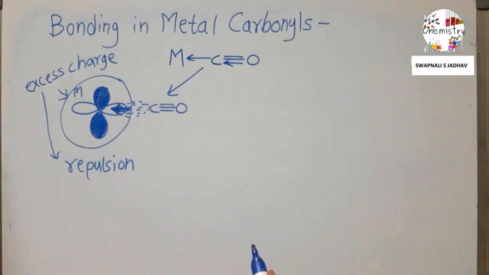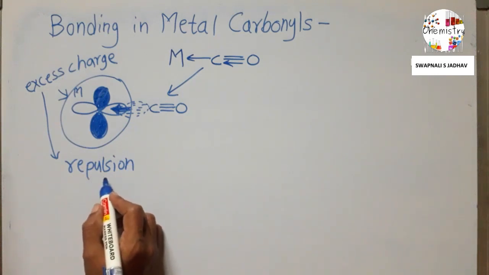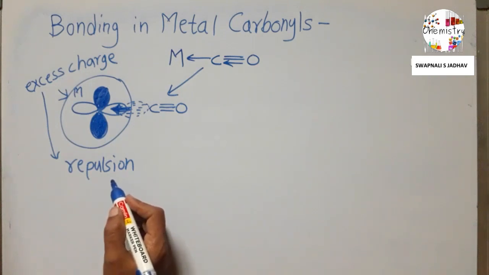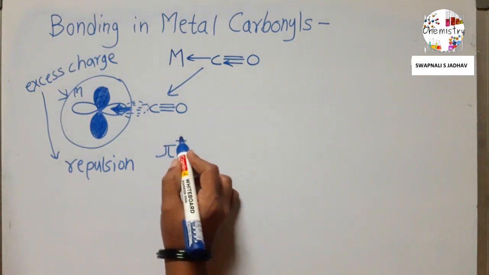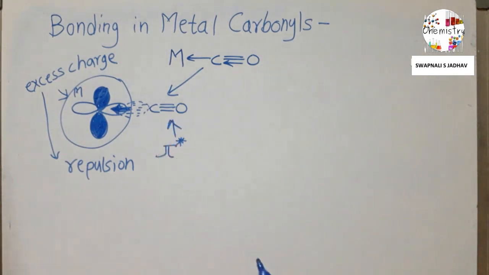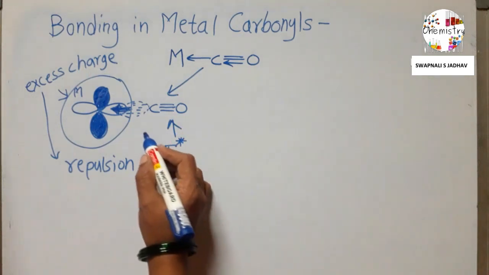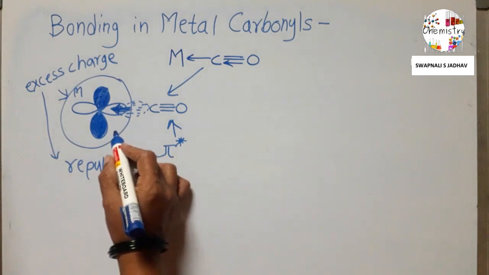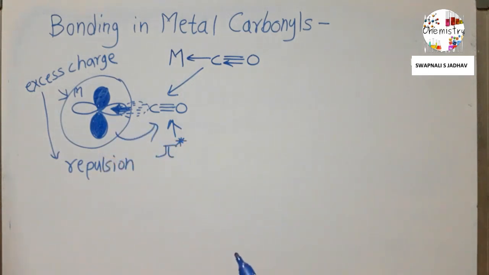So to decrease this repulsion, the vacant pi star antibonding molecular orbital of the carbonyl group accepts electron density donated by the filled d pi orbital of the metal.